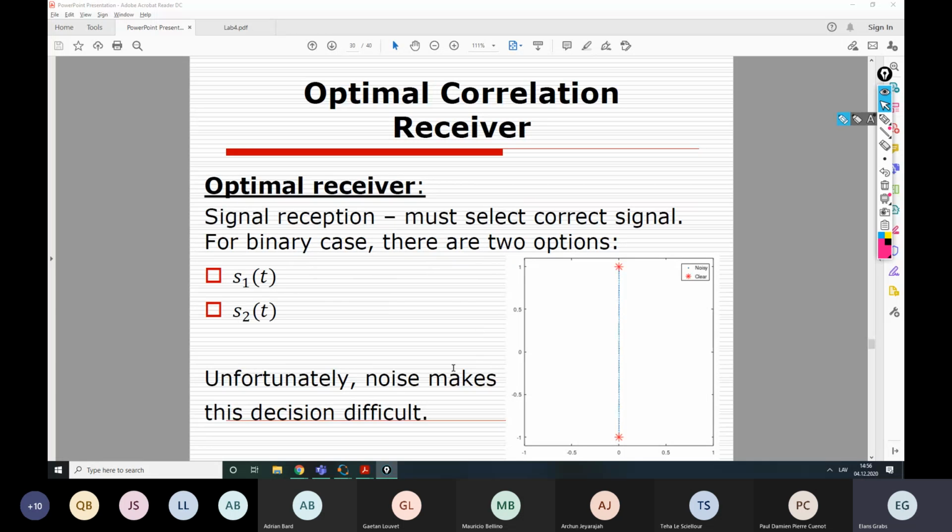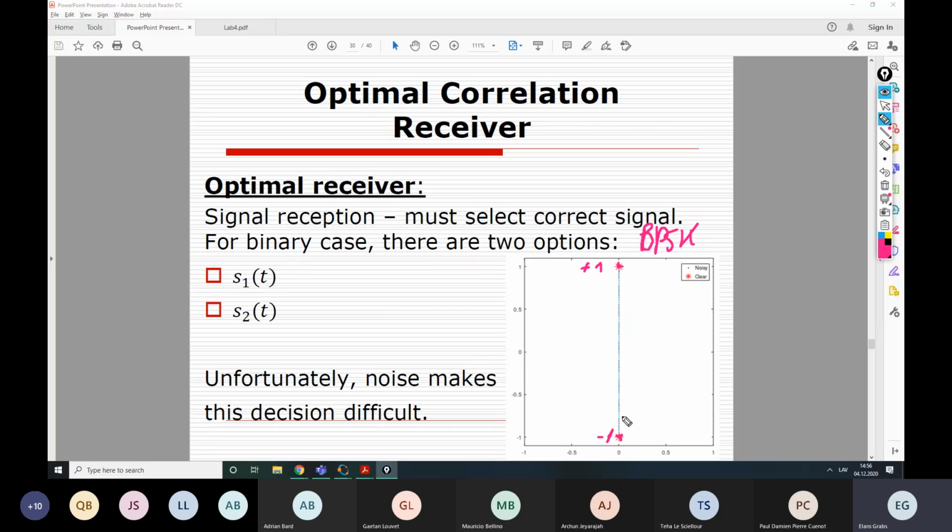So the idea is that because of the noise, signal is distorted. Consider, for example, these phase shift keying signals map, right? So we have here one signal, +1, and we have here another signal, -1.